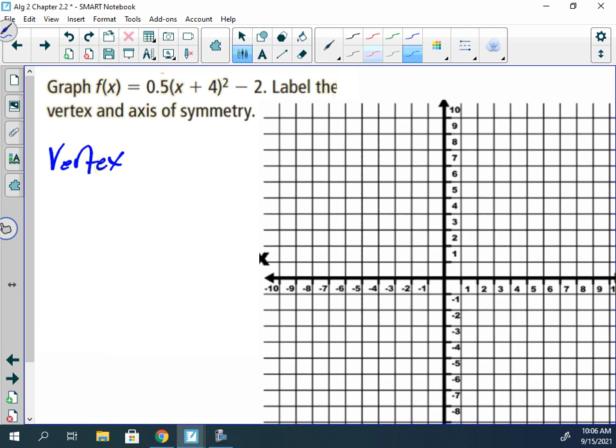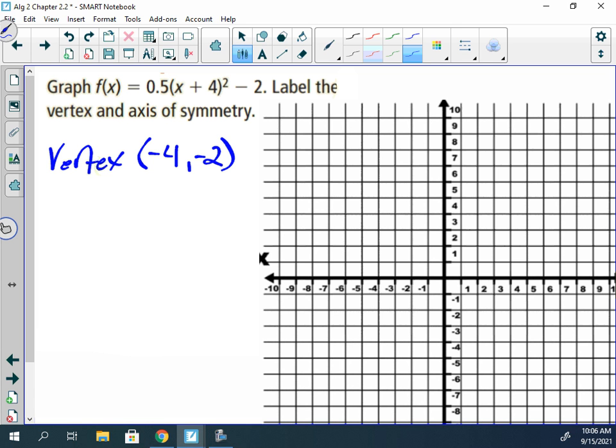Okay. So looking at this equation here, what would the vertex be? Negative 4, negative 2, h comma k. Again, really h, we're going to have to switch the sign of h, because since it's plus 4 inside the parentheses, it's going to come out as minus.